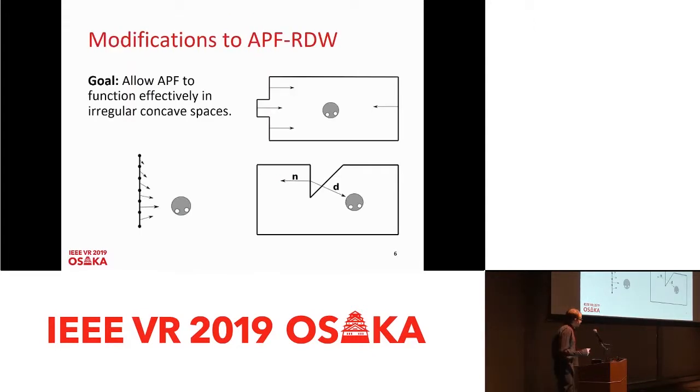Now I get into the modifications done in this paper. We want to be able to support multiple users and irregular convex spaces, and we do this through several new improvements. Originally we didn't take into account boundary size when calculating the force.